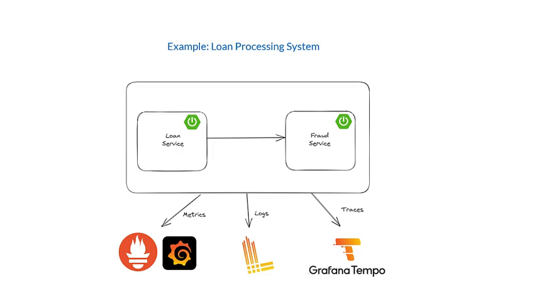So this is the simple application setup we are going to use. And for this application, we are going to implement observability patterns like logging, metrics, and traces. This is how the application architecture looks on a high level.